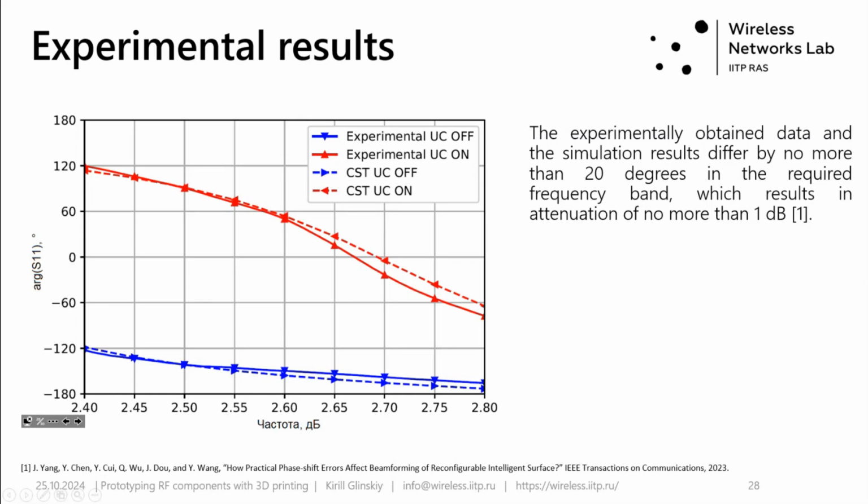We have chosen the parameters of the RIS to work as a phase shifter in the range of 200 megahertz, from 2.5 to 2.7, and we have obtained, generally speaking, a good correspondence. So this RIS would be quite efficient in this band with no greater than 1 decibel attenuation. So in that sense, it's as performant as we wanted.